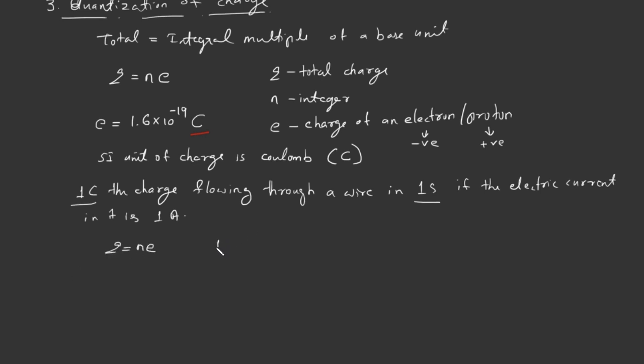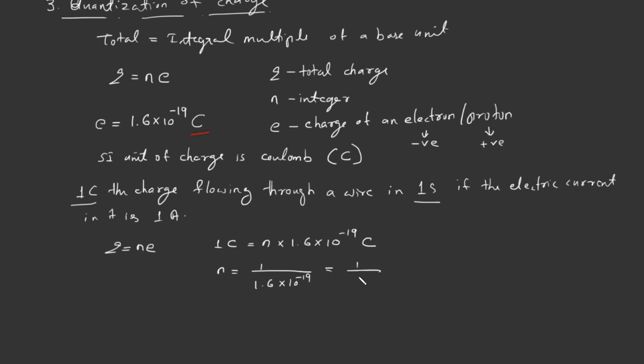So here Q is 1 Coulomb, that is equal to n into e. e is equal to 1.6 into 10 raised to minus 19 Coulomb. Therefore, n is equal to 1 divided by 1.6 into 10 raised to minus 19.